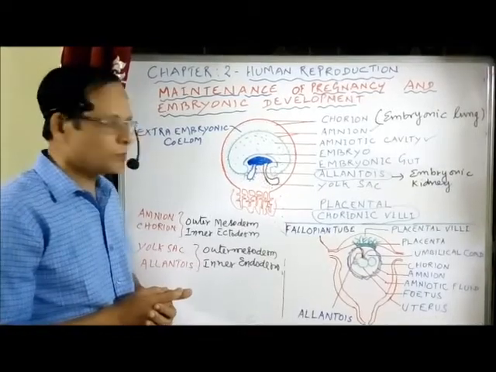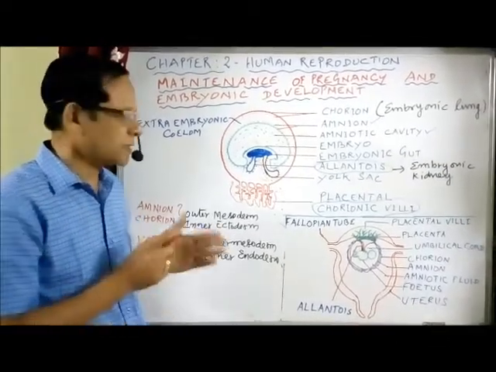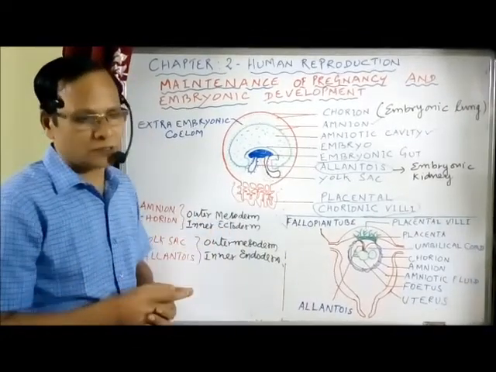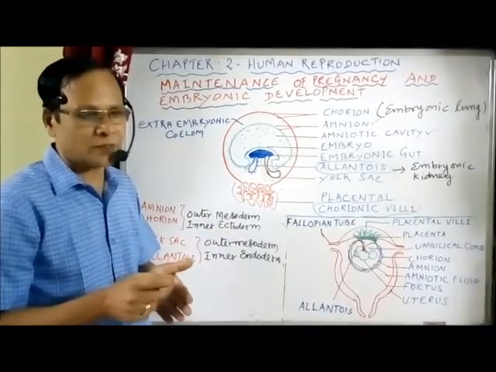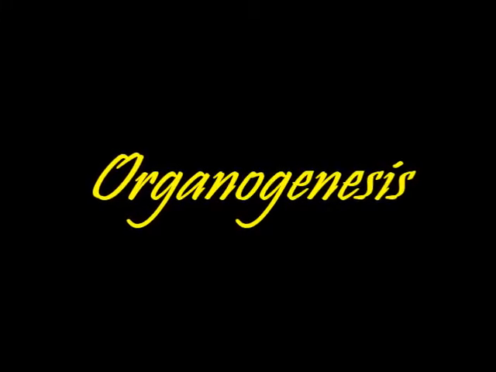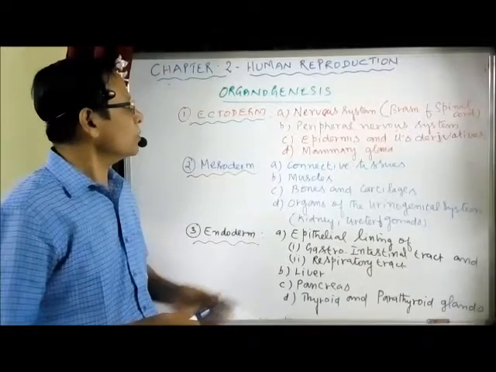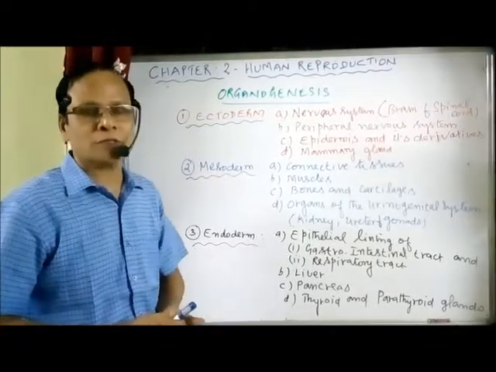Now we have the formation of the gastrula, the 3 germinal layers that I mentioned. The next aspect is organogenesis, the formation of different organs and organ systems. Now organogenesis, what is that process?